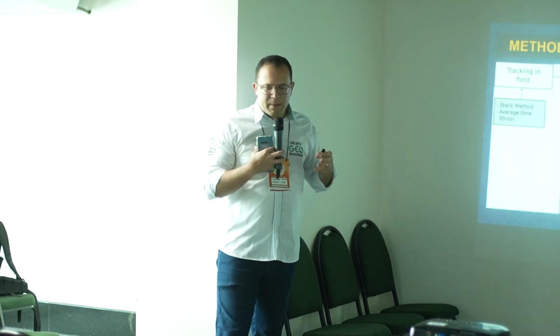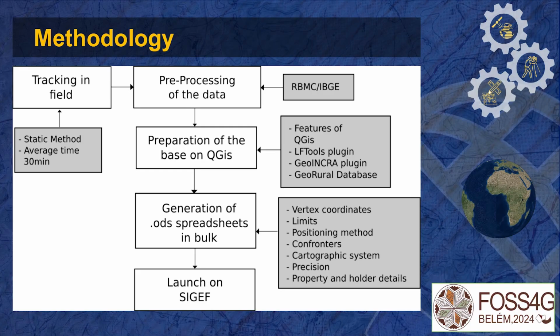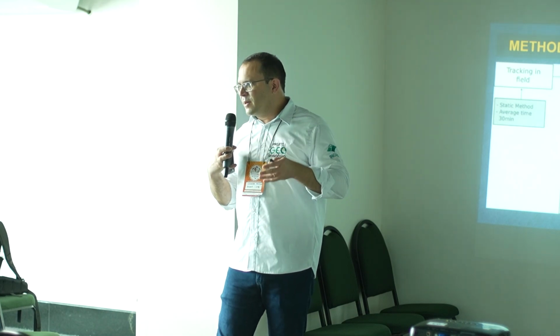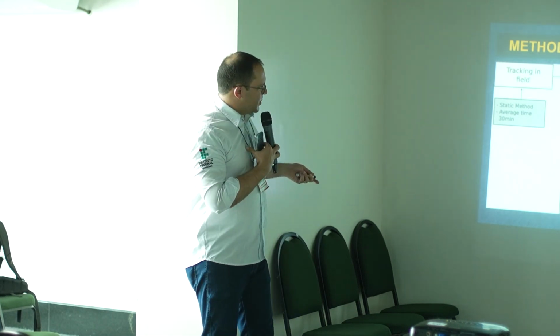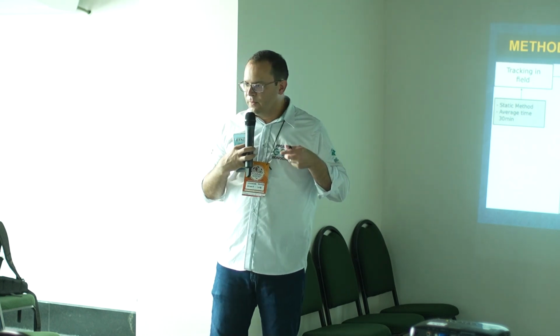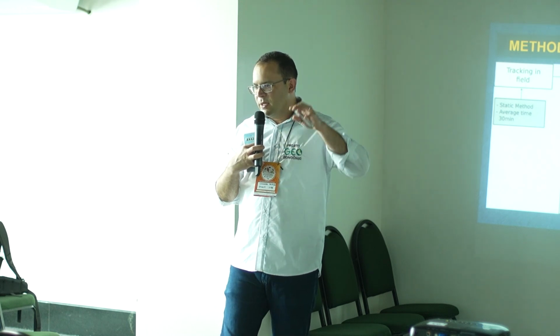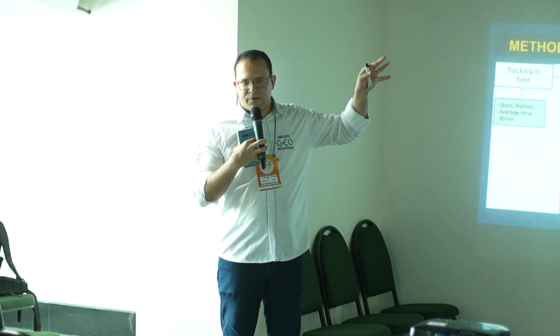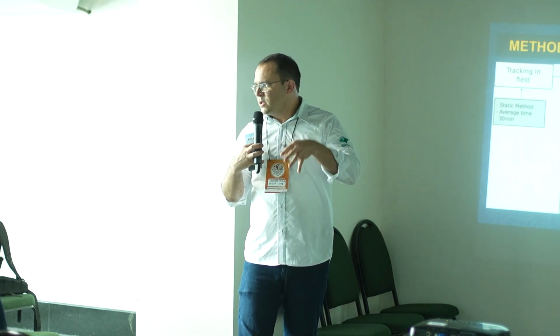So the main product of the georeferencing for INCRA is a spreadsheet with the extension ODS, where I use LibreOffice Calc, a spreadsheet of open source software. The spreadsheet is uploaded in the system of INCRA that is called CGF.